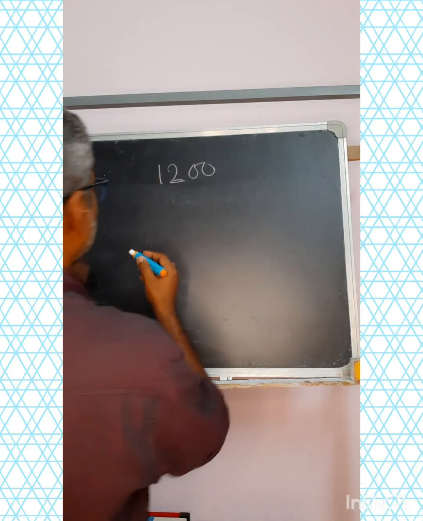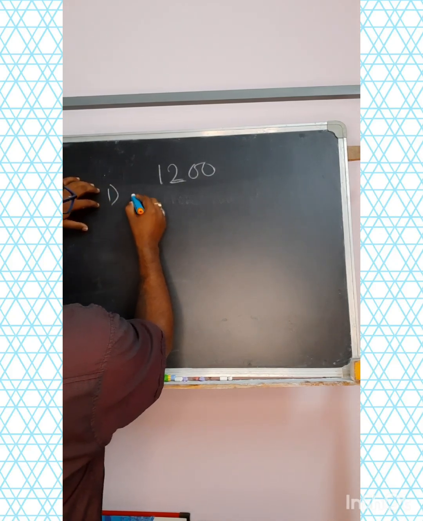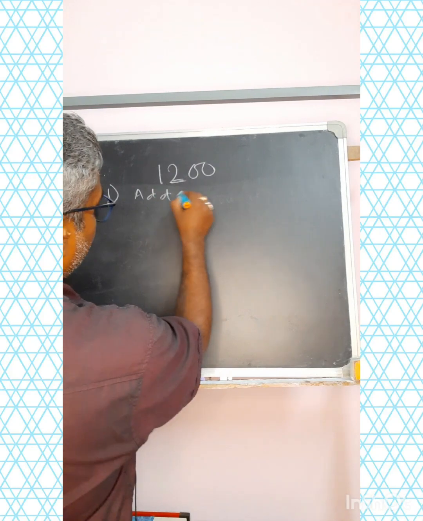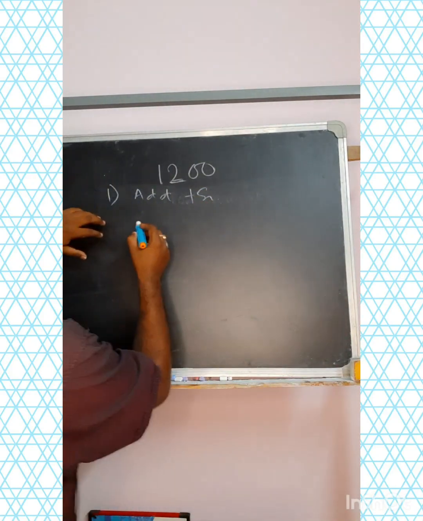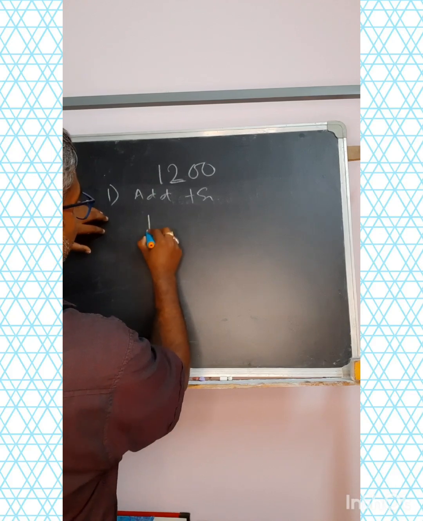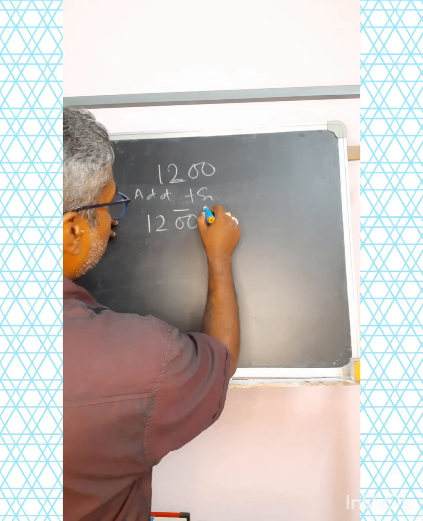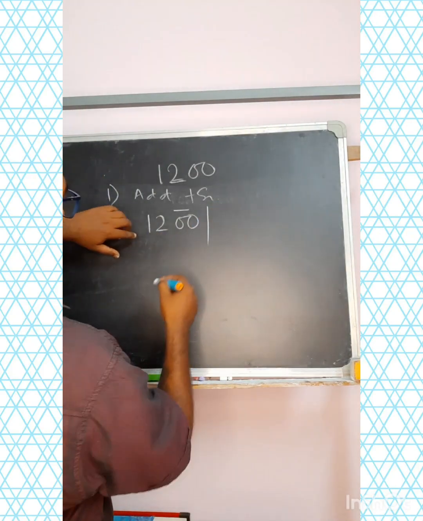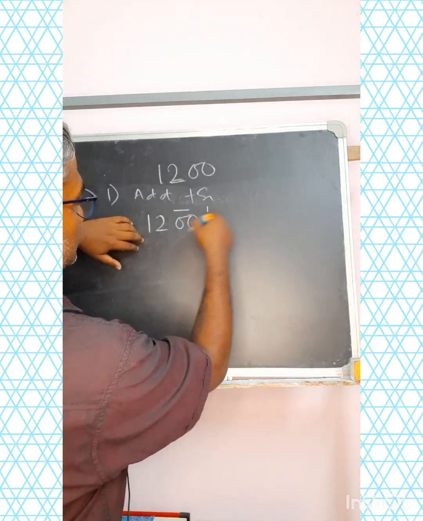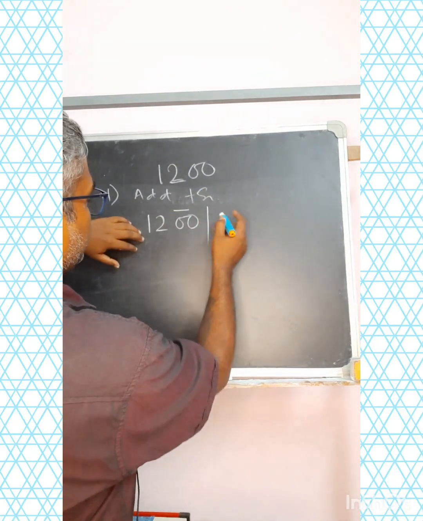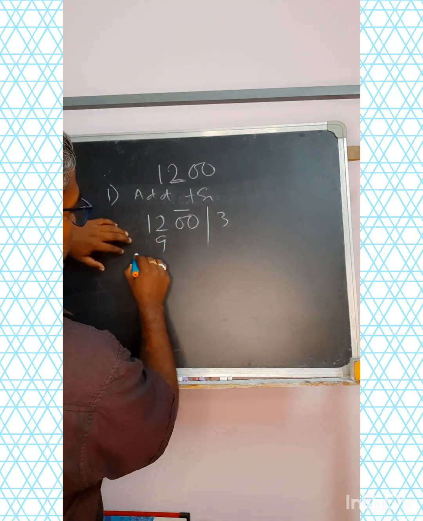For cases where I have been asked to add or subtract, I will try to factorize by the division method. You might know it; I am showing what the division method is. By this method, let's try to make it a perfect square. I will try with 3, so it will be 9.